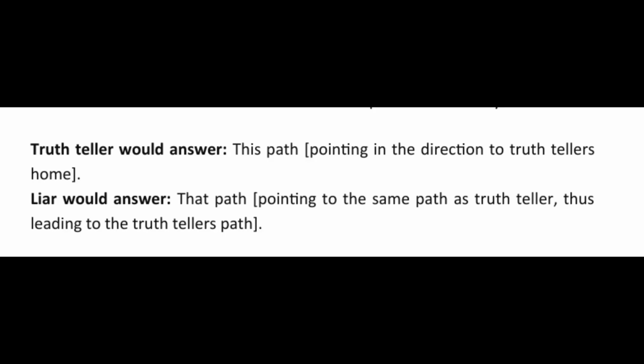Truth-teller would answer, this path, pointing in the direction to truth-teller's home. Liar would answer, that path, pointing to the same path as truth-teller, thus leading to the truth-teller's path.